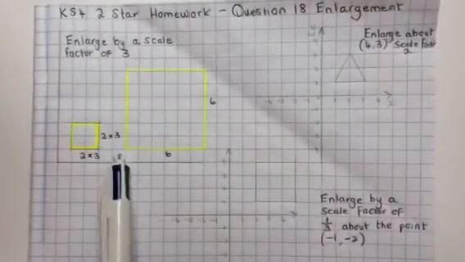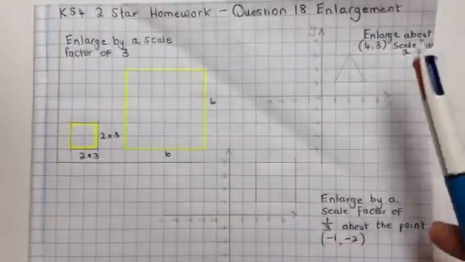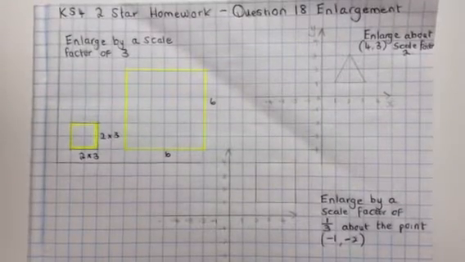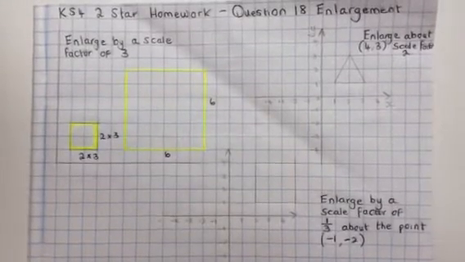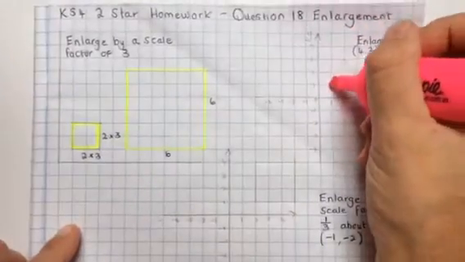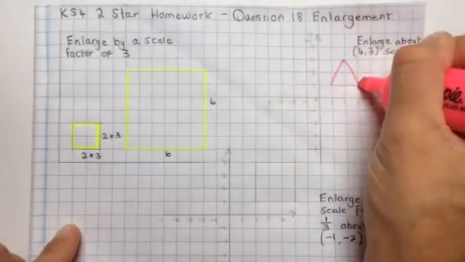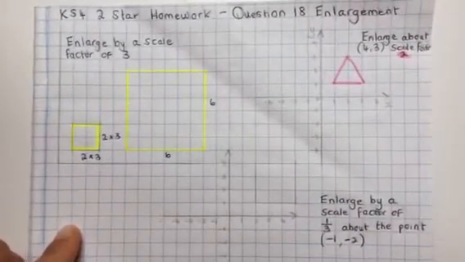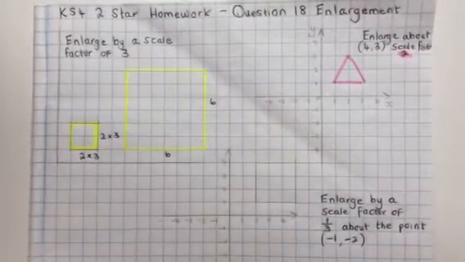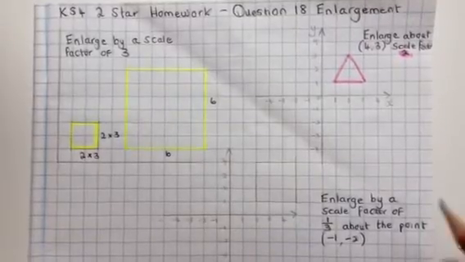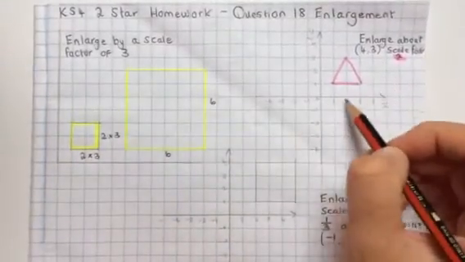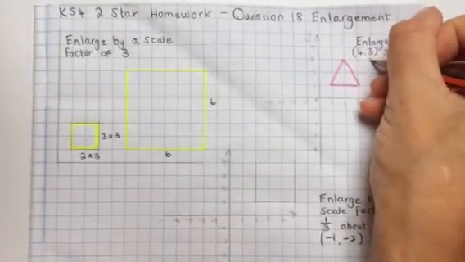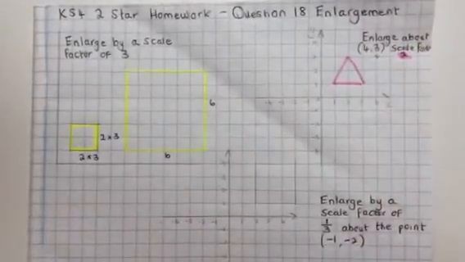Now the difference between this question and this question is this actually tells you where the enlargement needs to take place. So as well as the fact that this triangle is going to be twice as big, so the scale factor of 2, we also need to consider the fact that the distance from the location 4, 3, so across to 4, up to 3, is also going to be twice as big.